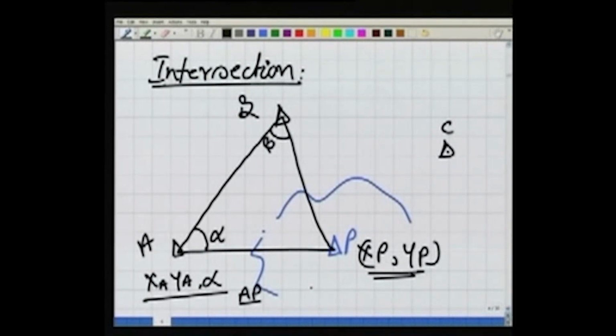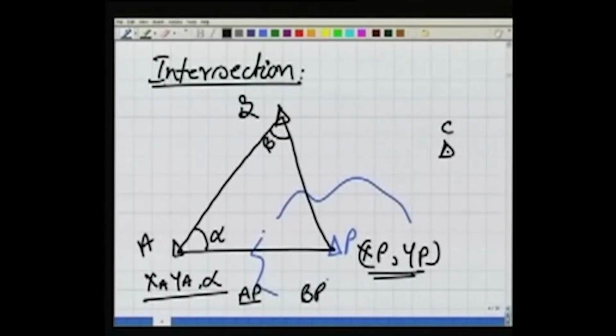Similarly, for B, I can write the equation of line BP. Now, solving these equations for their intersection, where these two lines they intersect, I can compute the coordinate of P. So what we are doing this way, we are computing the coordinates of a point which we cannot occupy.